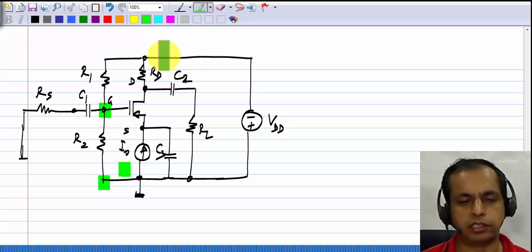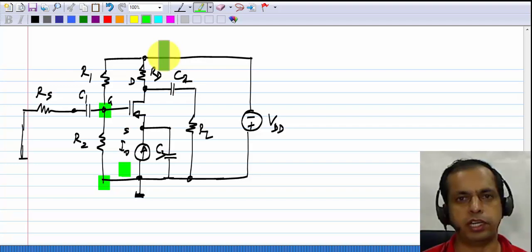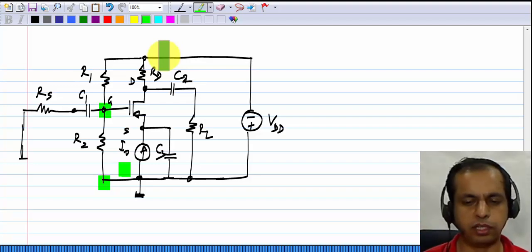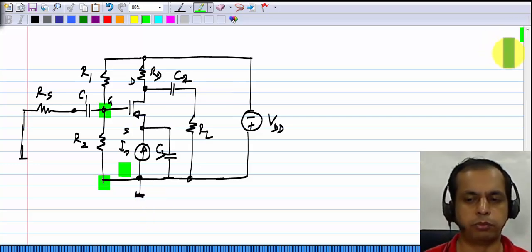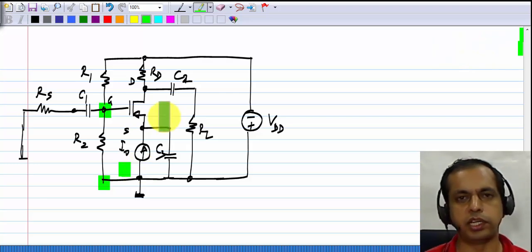That's exactly what we want for a PMOS transistor, right? Because VGS in an NMOS transistor is positive, VSG in a PMOS transistor is positive, or VGS is negative, and so on. Similarly, the current flows from drain to source in an NMOS transistor and from source to drain in a PMOS transistor. So this takes care of the operating point.